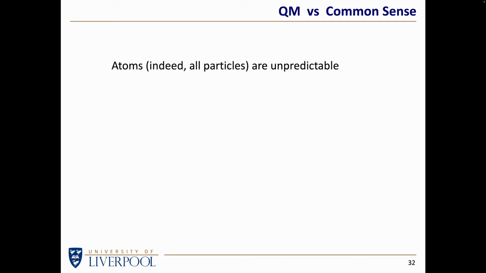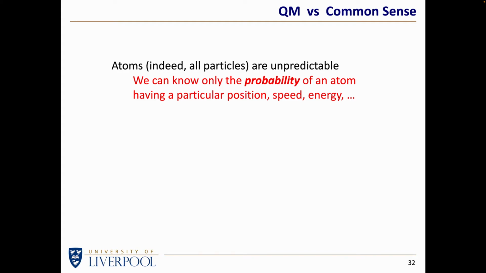Atoms, and that means pretty much anything, all particles in the universe, are unpredictable. In other words, we can only talk about the probability of an atom or a molecule or a collection of molecules having a particular position in space or a particular speed or a particular energy.